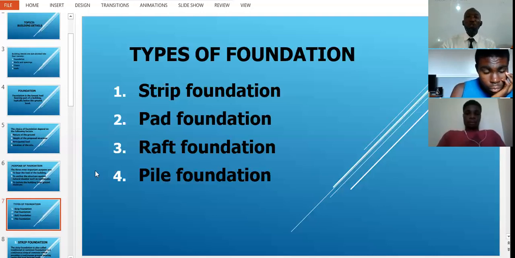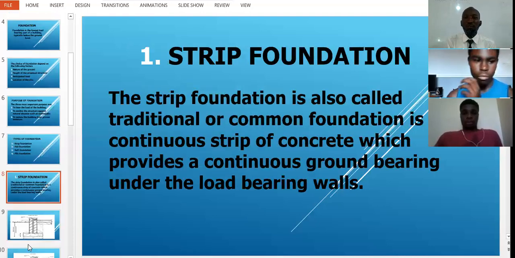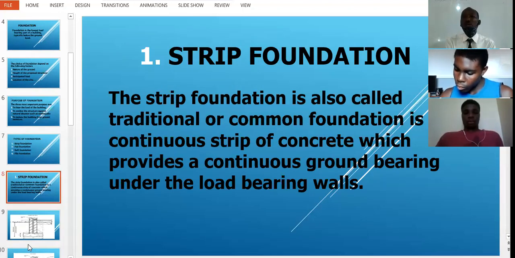So for the purpose of this class, we are going to be looking at the first one, which is the strip foundation. The strip foundation is also called traditional or common foundation.